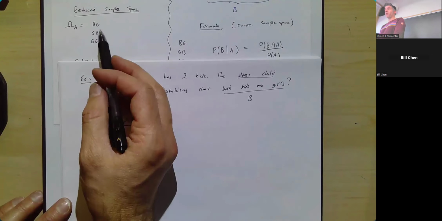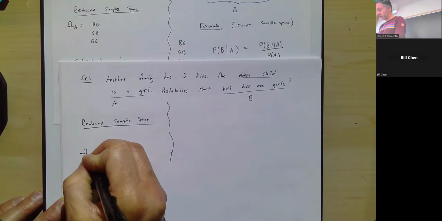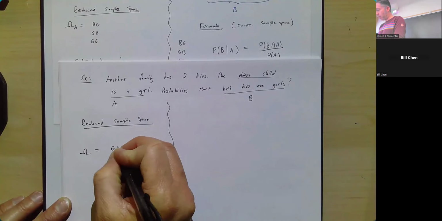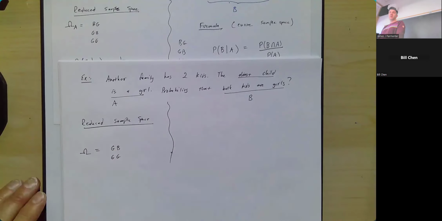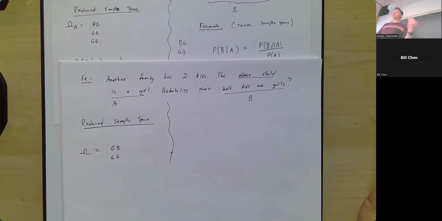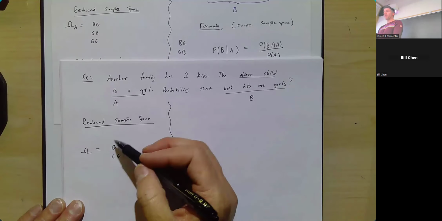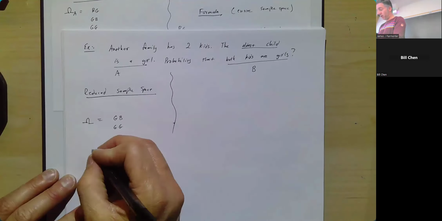We don't get boy girl in this reduced sample space. Our reduced sample space here is just girl boy and girl girl. Those are the only things that can happen if you know the oldest child is a girl. And so the probability that both children are girls out of these 2 possibilities is going to be 1/2.